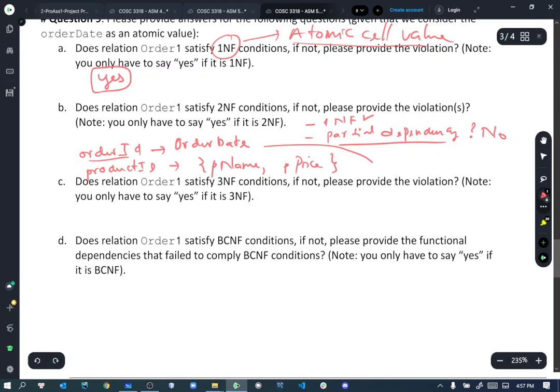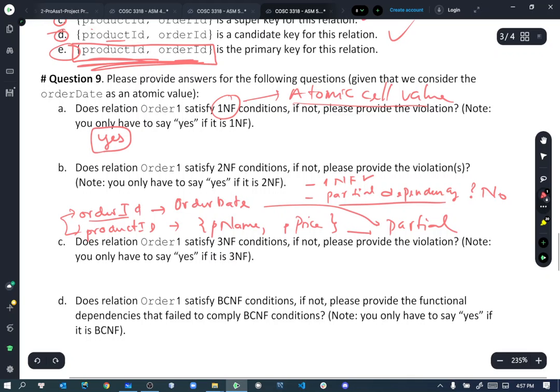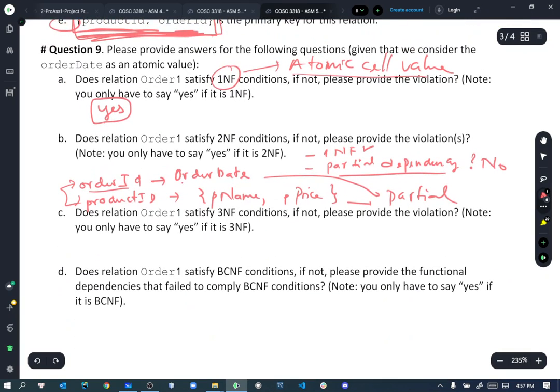So these two are partial. Why partial? Because each depends only on one part of the key, not both. Why? Because here the key has two attributes, but this one depends on only one, and this one also depends on only one.